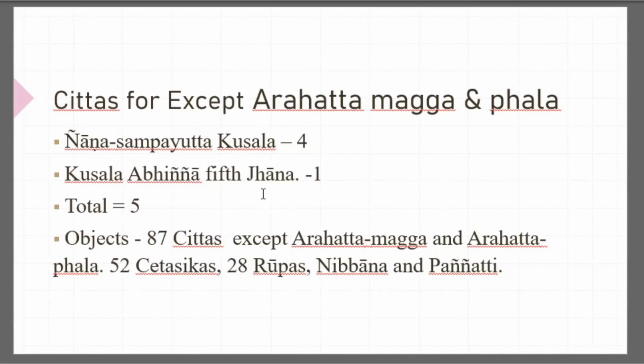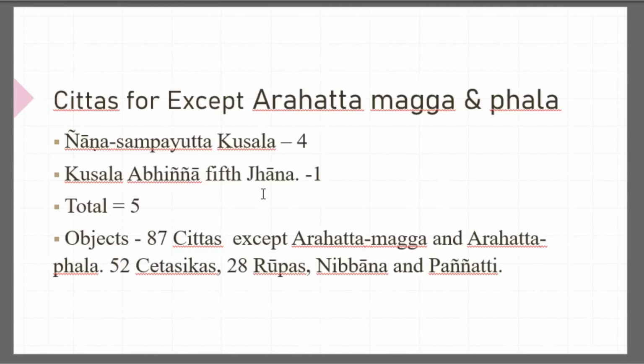Without attainment of Arahatta Magga and Phala, even noble ones, Sotapanna, Sakadagami, Anagami, stream enterer, once returner, and non-returner cannot take the objects of Arahatta Magga and Phala. Here there are 5 Cittas.